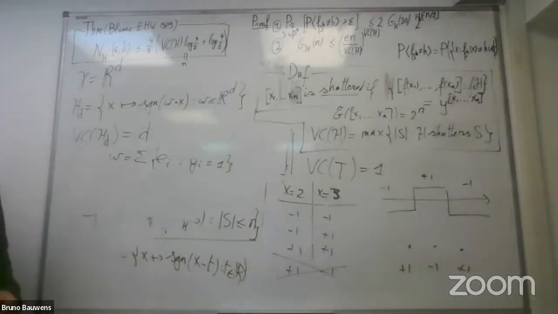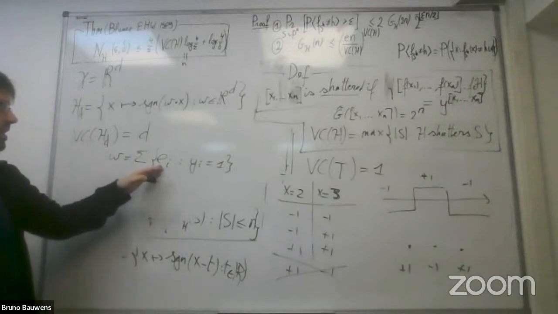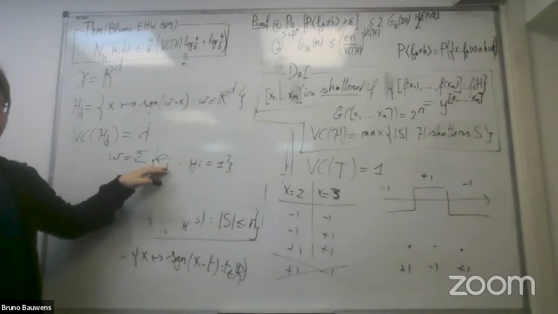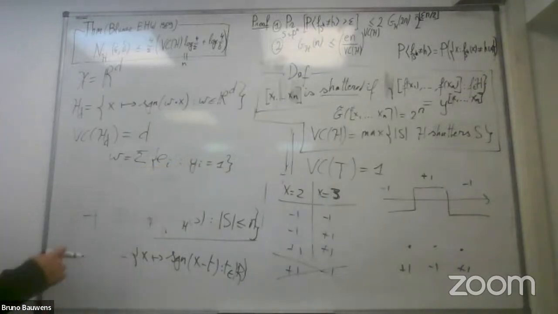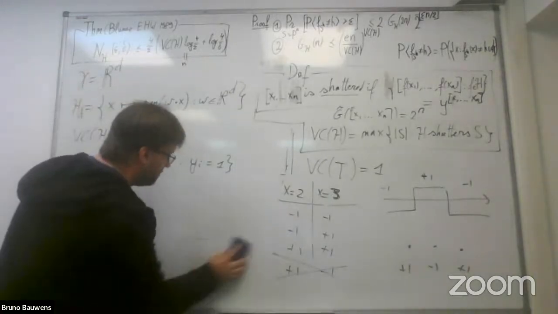And it works. If y_j is equal to -1, then the dot product will be 0. Okay, so now let us prove that d plus 1 points we cannot shatter.